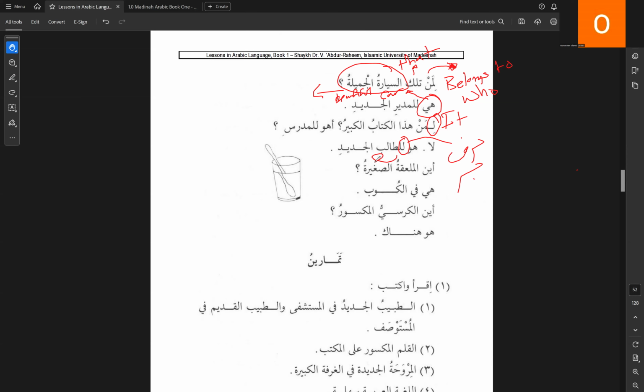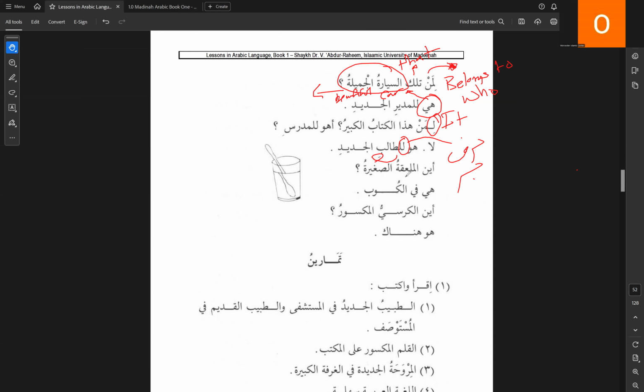The li that's here is harf jar, and it turns the word that is attached to it majrur. In which ayah? Alhamdulillahi Rabbil Alameen. Right? Lillahi, the word is majrur because of the lam.